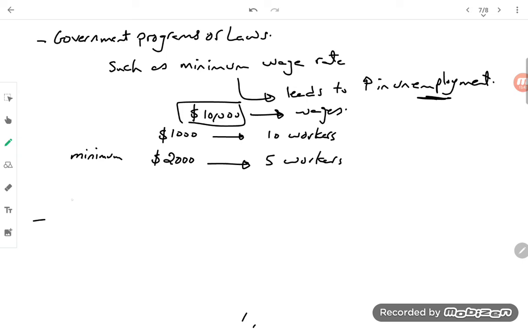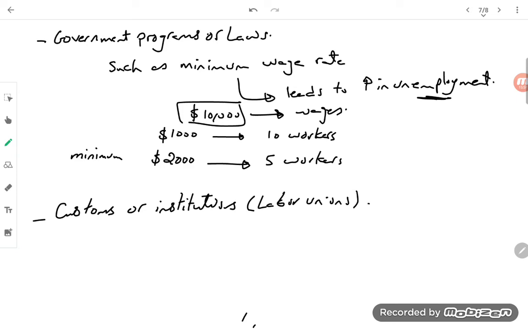One more factor, which is customs or institutions such as labor unions. Also, labor unions or customs can affect choices of individuals and firms.